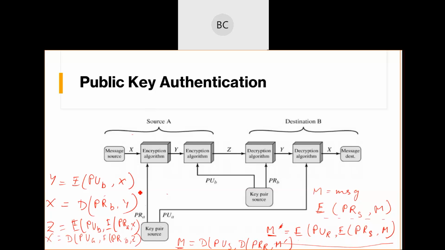This equation is related only to this particular image, and these equations are just this generalized equation.